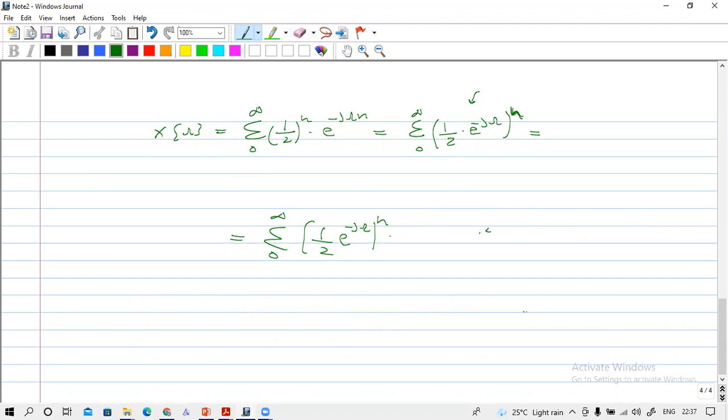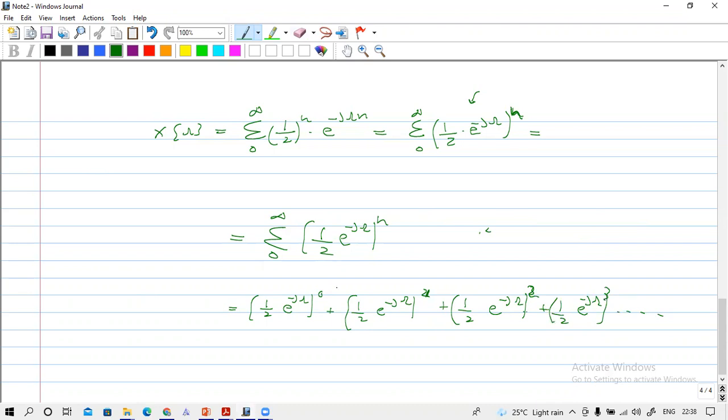This type of function we have. So this is somewhat like e^(jω·0) plus half e^(jω·1) plus half e^(-jω·2) plus half e^(jω·3), and so on.